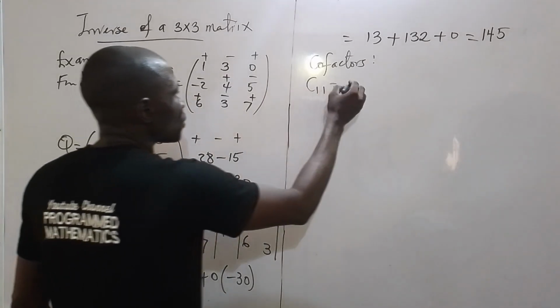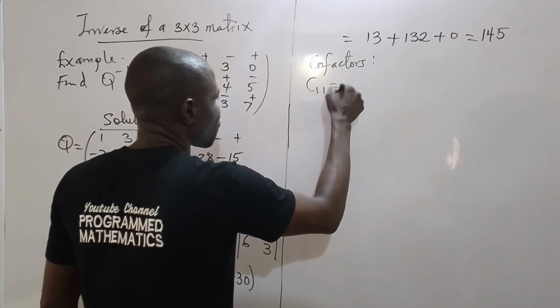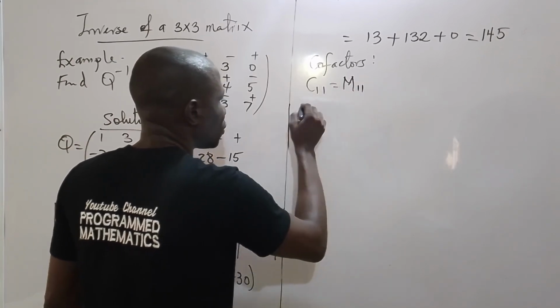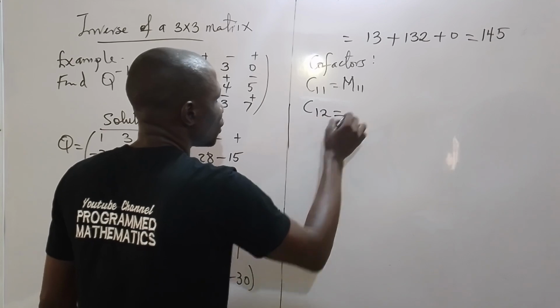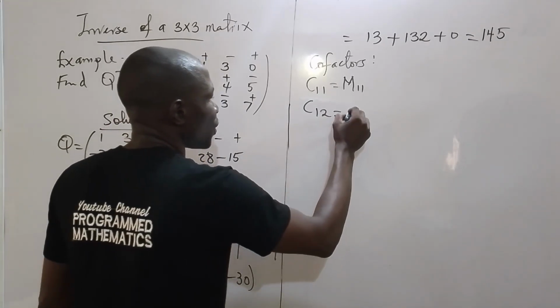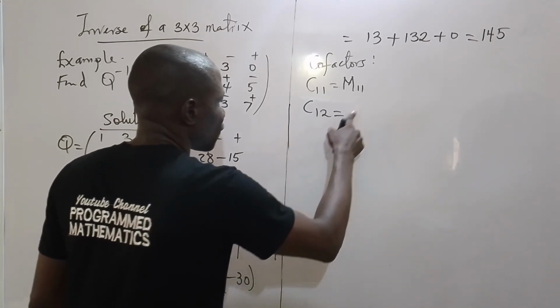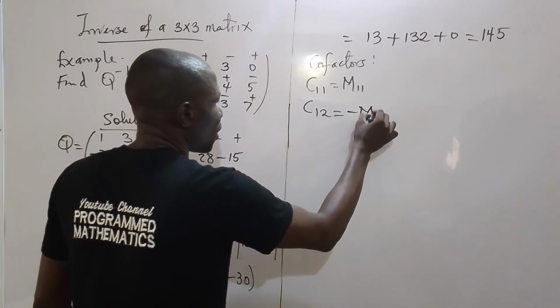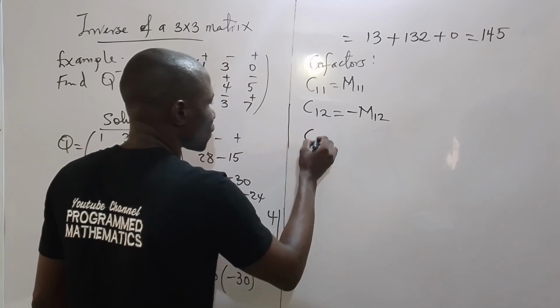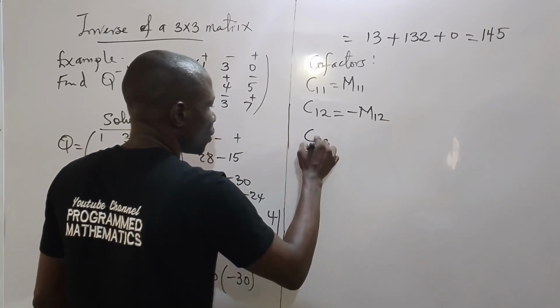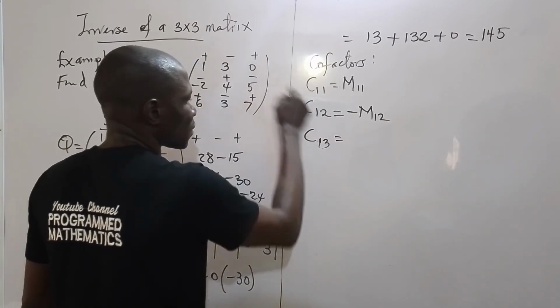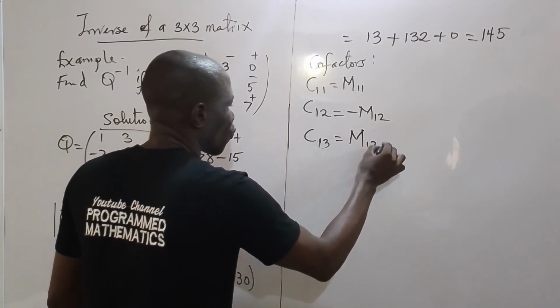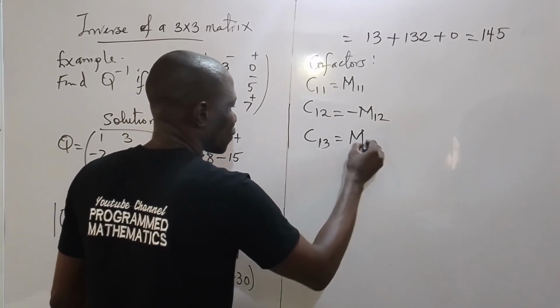So this will give us plus M11. C12, second column of the first row, the sign is negative, so this is minus M12. C13, the sign is positive, so this is plus M13.